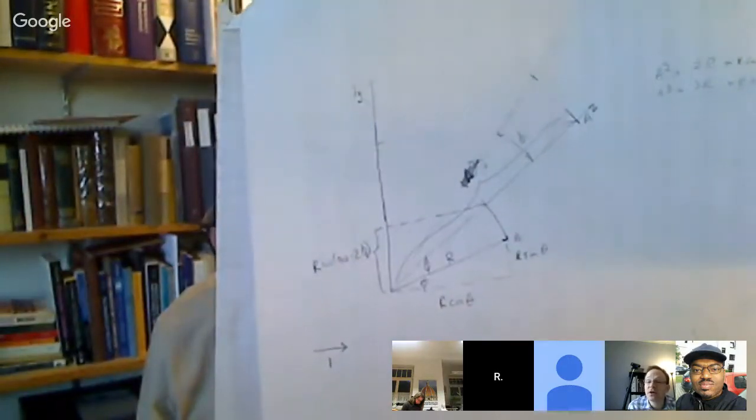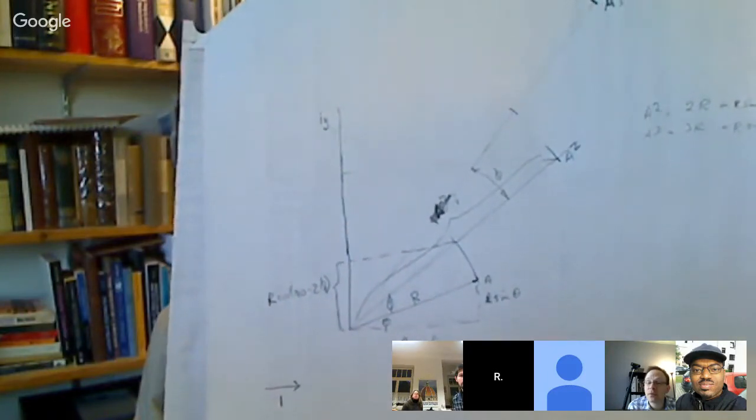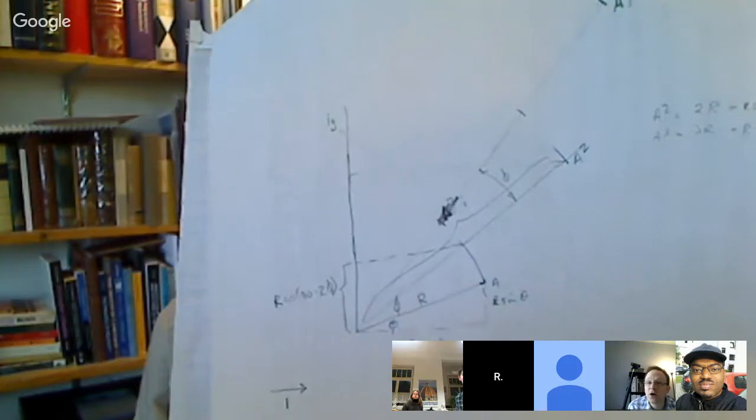Got it. Could you draw 1 on your main diagram as well? So it's with a and the a squared.